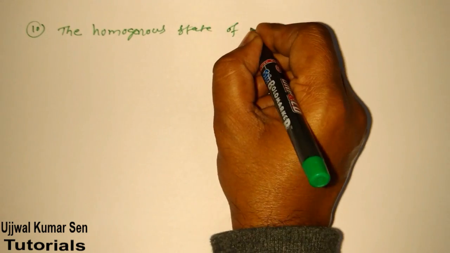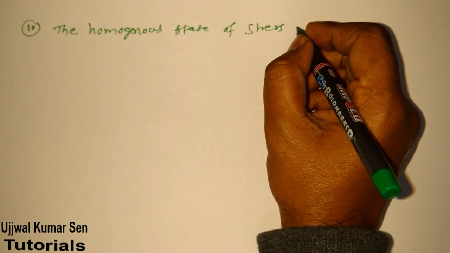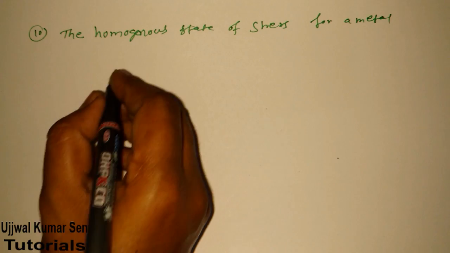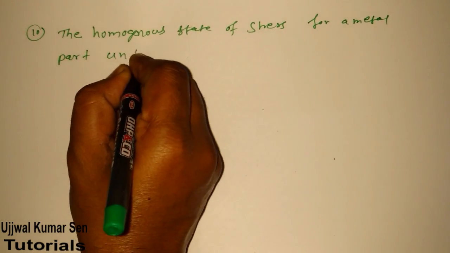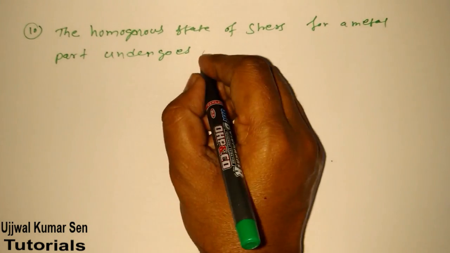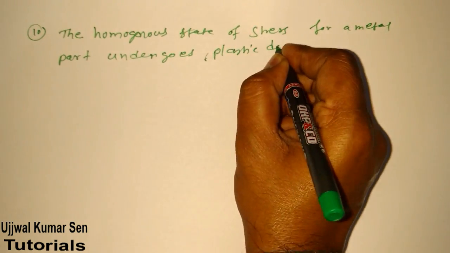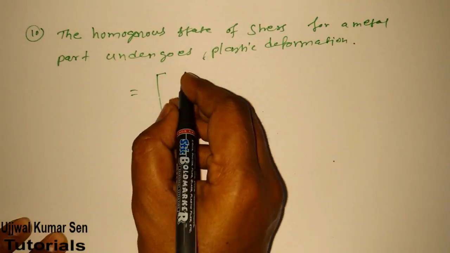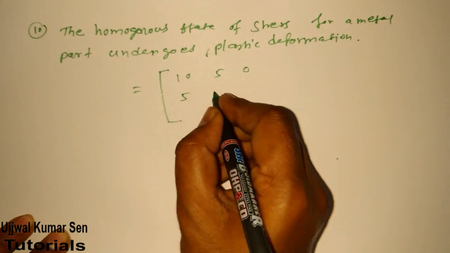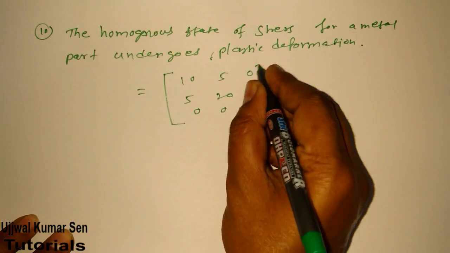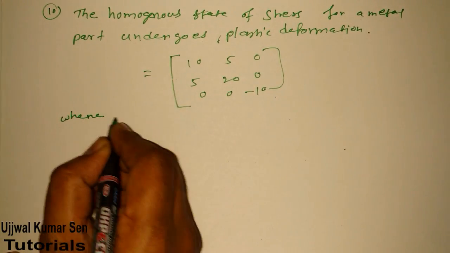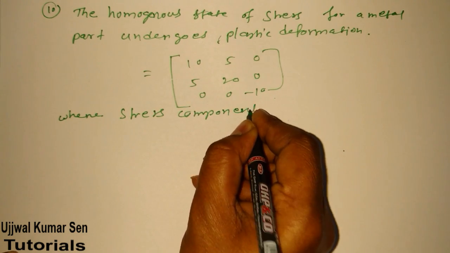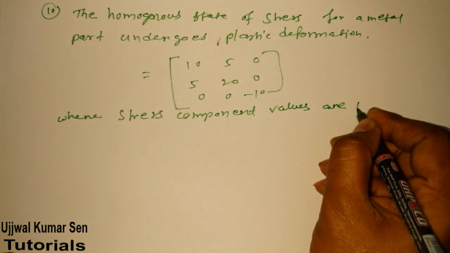So the question: the maximum state of stress for a metal part undergoing plastic deformation is given by the matrix [10 5 0; 5 20 0; 0 0 -10], where the stress component values are in megapascal.